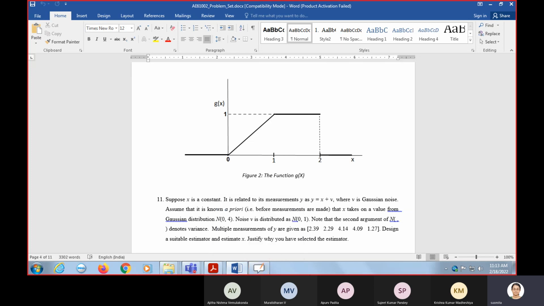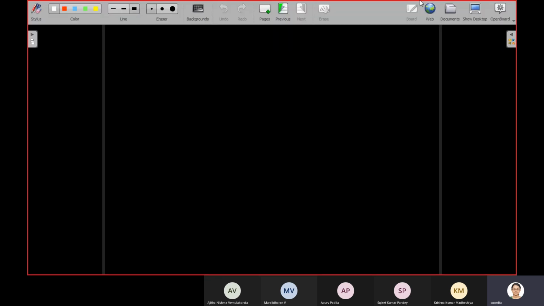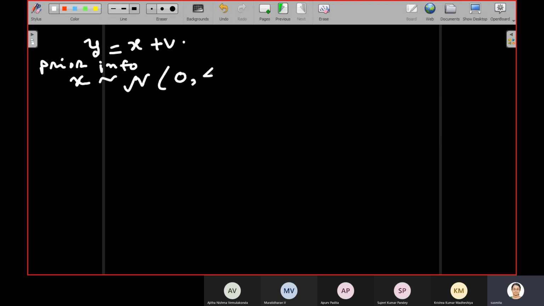So x is Gaussian, 0, 4, and then we have this. We have y is equal to x plus v, and then prior information tells that x is Gaussian distributed with 0 mean and variance 4, and then v is again Gaussian distributed with 0 mean and variance 1.